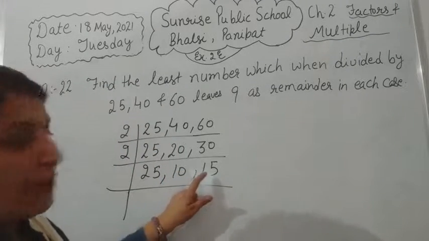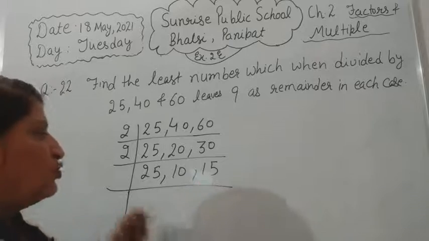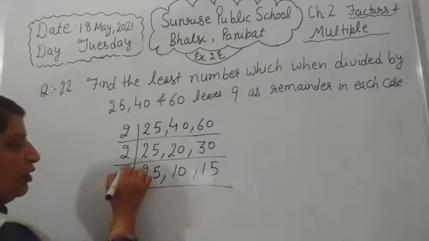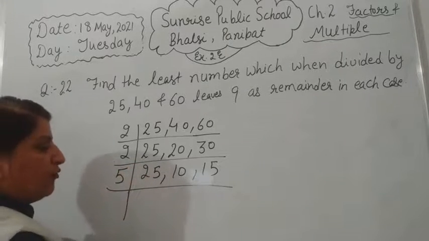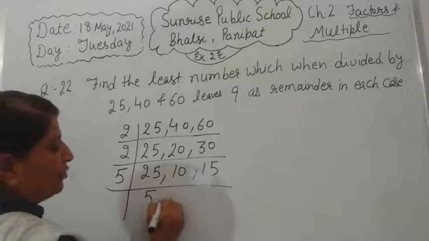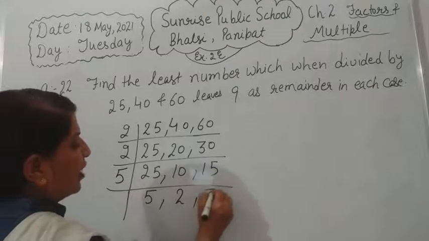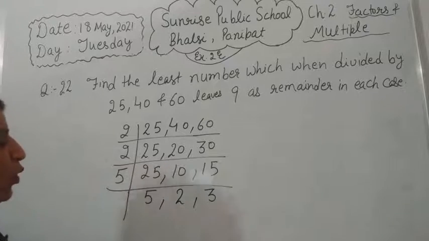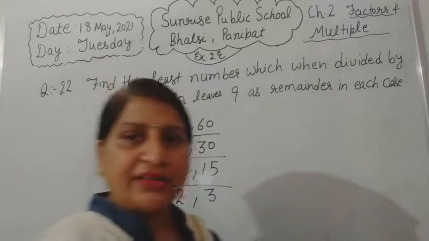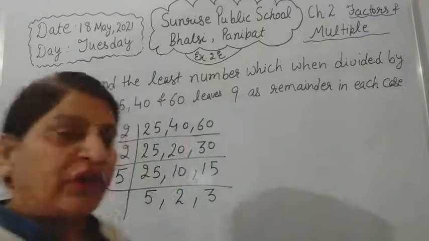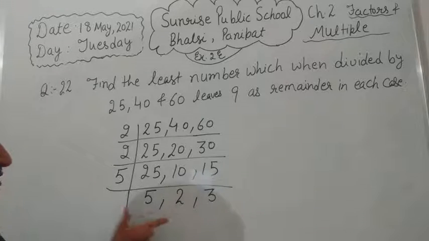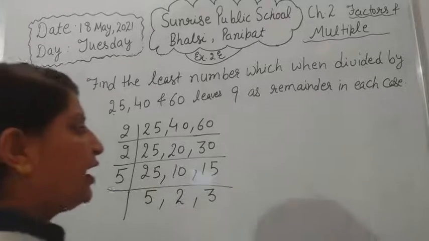Only one number is divisible by 5. So we take 5. We divide all these numbers by 5. 5 5s are 25, 5 2s are 10 and 5 3s are 15. Now all these numbers 5, 2 and 3 are all different. So we leave it as it is and we start to write the LCM.